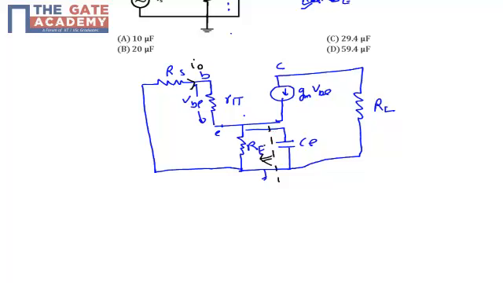Let's assume we have one supply of voltage V, because we are calculating output impedance. So we have short circuited the input voltage, and I'm assuming a known voltage V with a current I. So this terminal voltage will be V. Okay, ignore this CE, because we are not considering CE here.